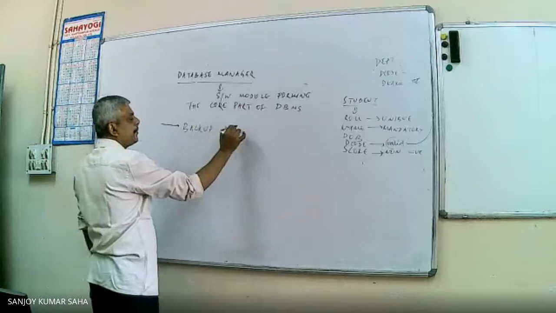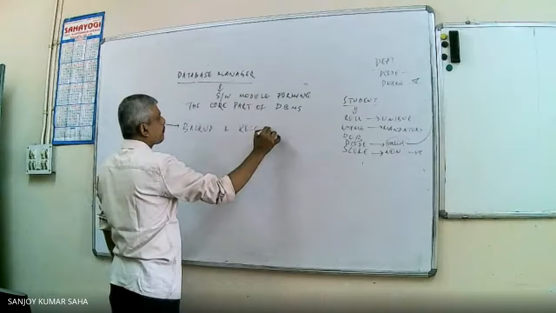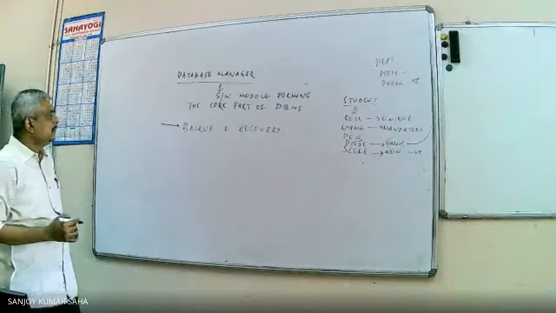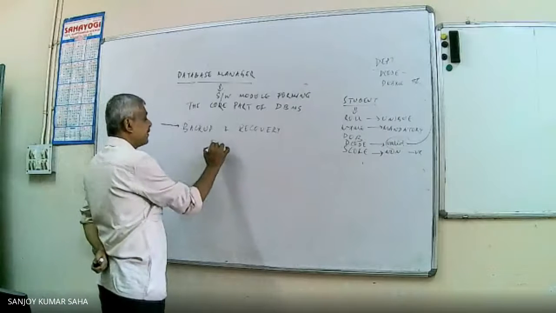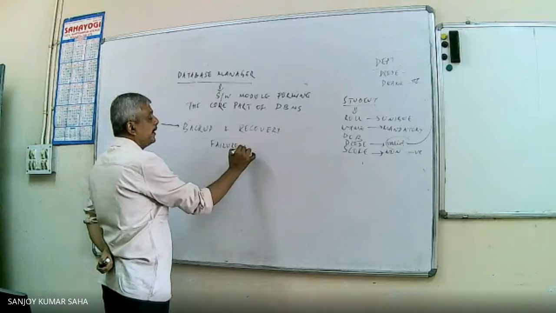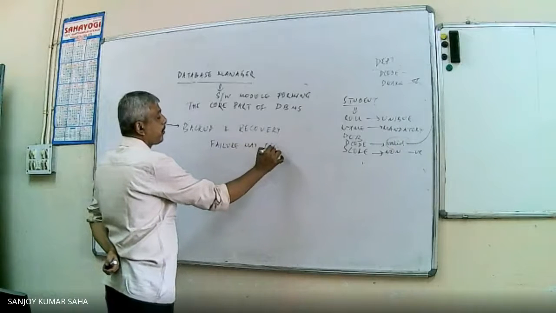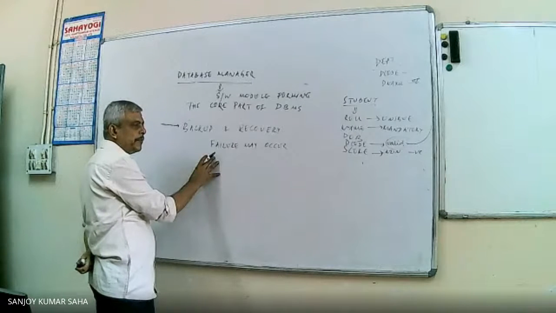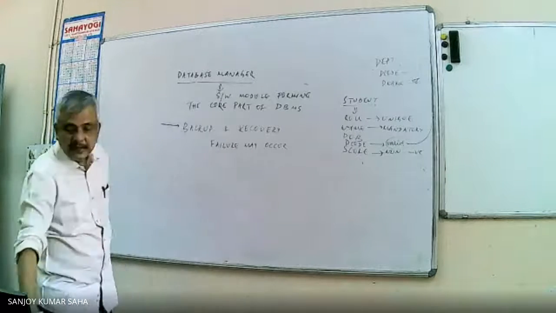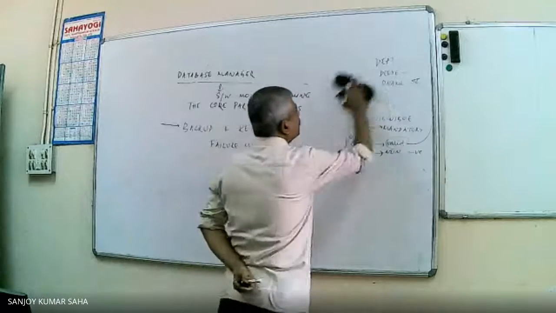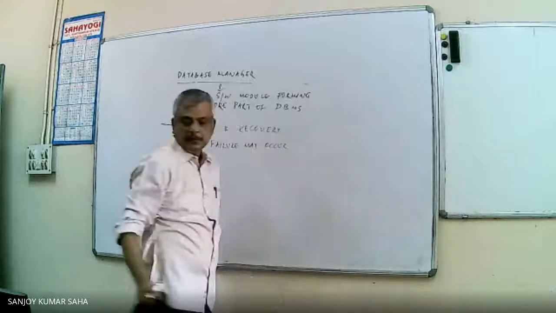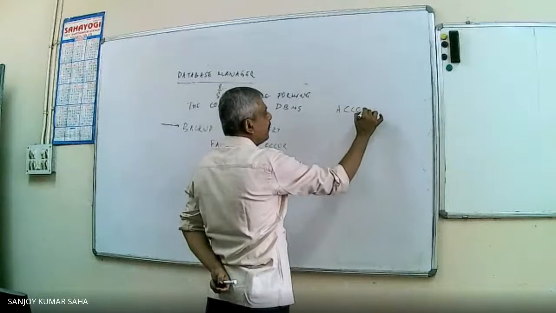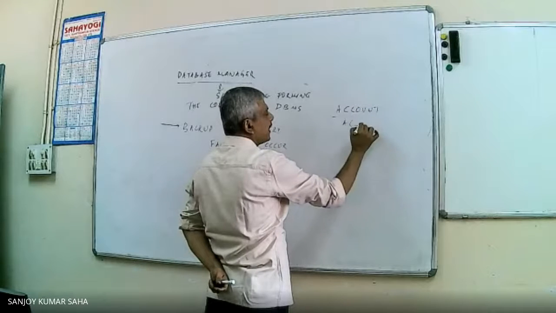Backup and recovery. See, there may be failure. Failure may occur. If it is not handled properly, the database may enter into an invalid state. Suppose, the very popular example, suppose we have account number and balance.